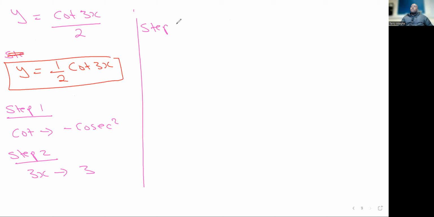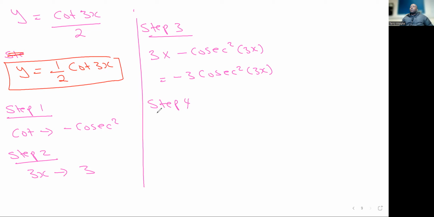Step 3, you then have to multiply. So it's going to be 3 multiplied by minus cosec squared 3x. And that will give you minus 3 cosec squared 3x. Then because we have a constant now, we have to multiply in step 4.